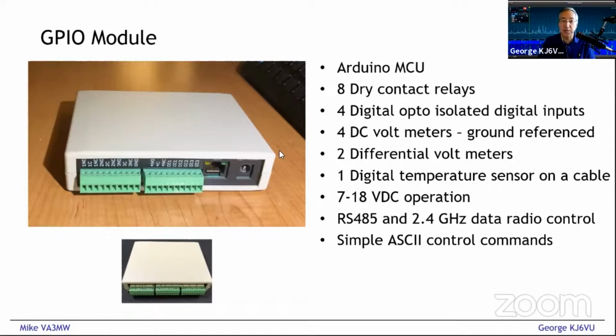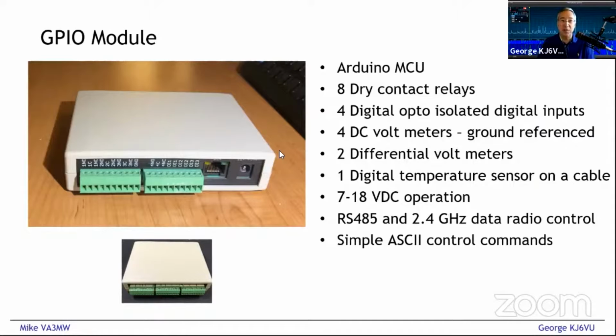There are 2 additional differential voltmeters, which means you can measure a voltage without measuring it against the system ground. They're floating, which is very handy if you're doing something like measuring the voltage of 2 12-volt batteries in series, because you need 28 volts for something. You can measure the 2 batteries because they're not referenced to the real ground. You can also do temperature measurements with a digital temperature sensor.